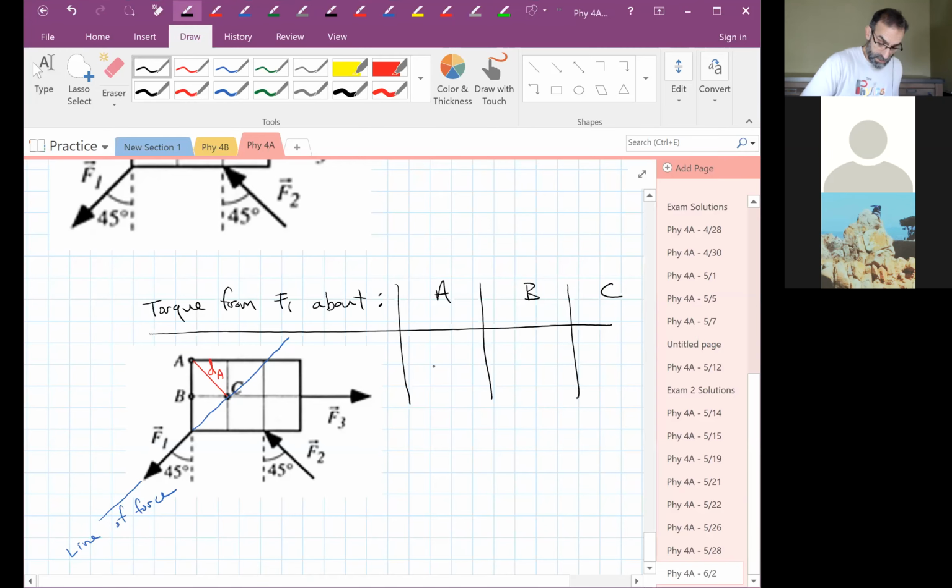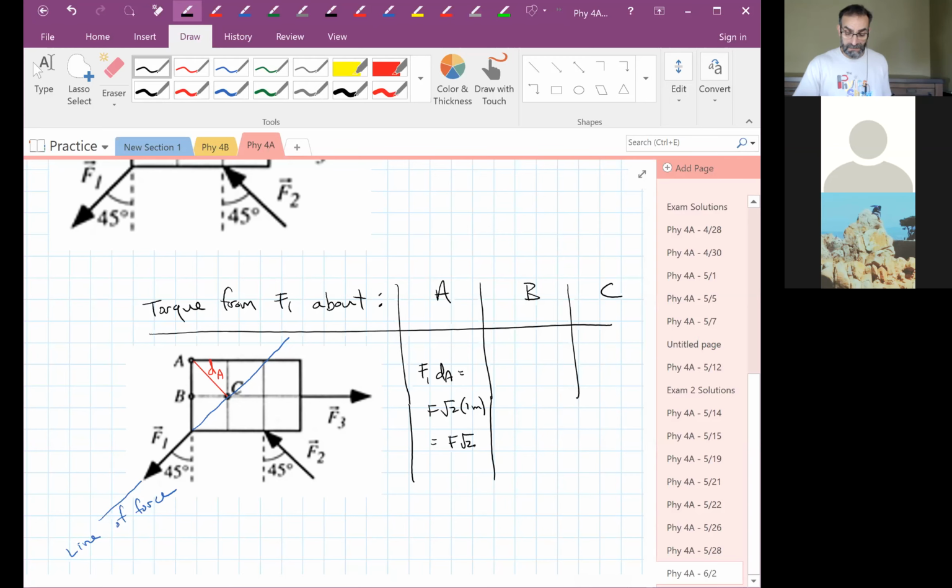So what do we get here? The torque is F1 dA, which is equal to F times the square root of 2 times 1 meter, right? Which is equal to F times the square root of 2. We good with that? The diagonal of a square is the square root of 2 times the length of the side, right?